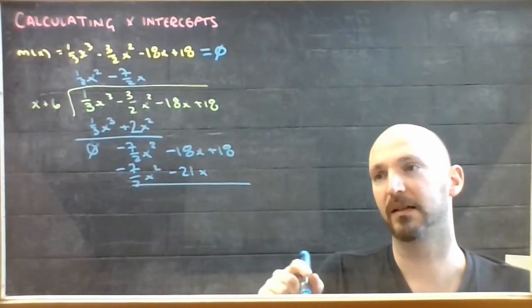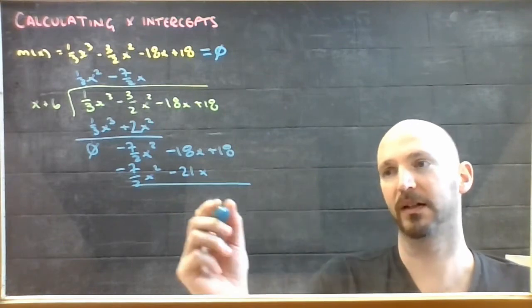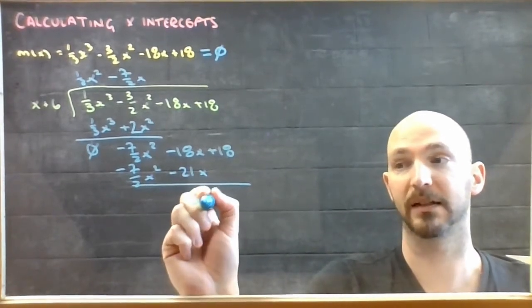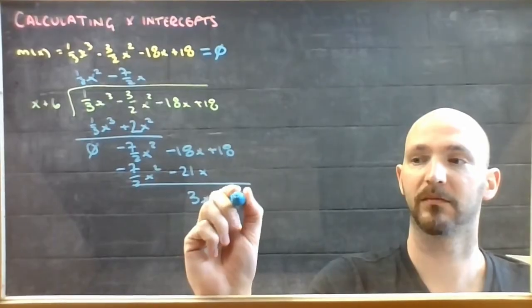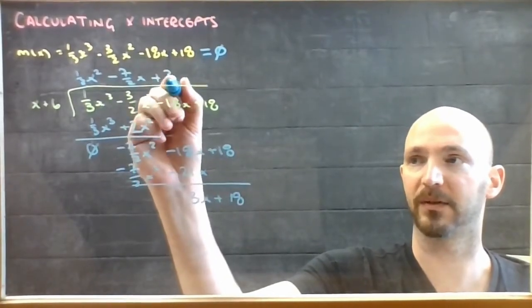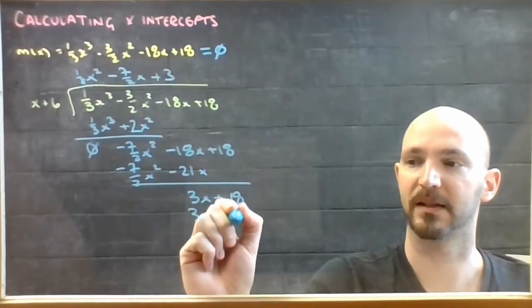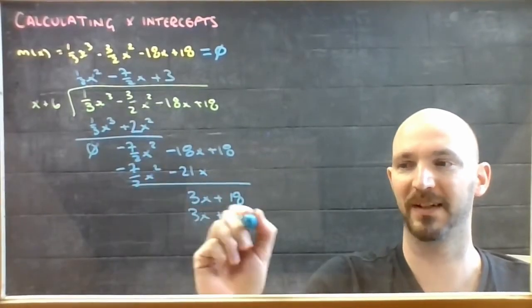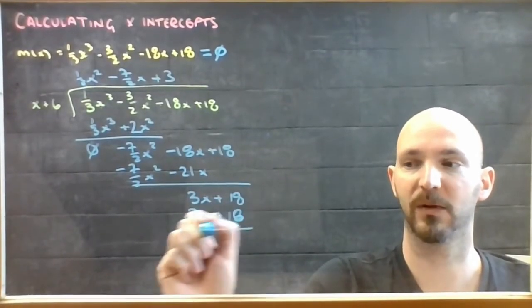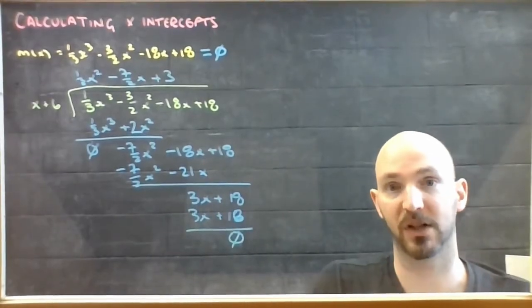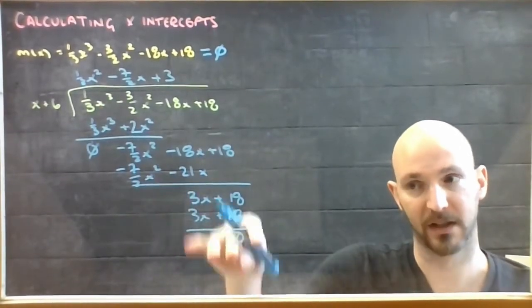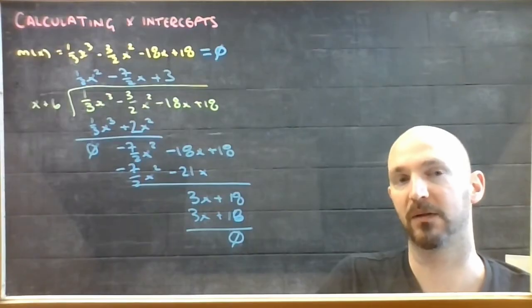Negative 18 subtract negative 21 gives me 3 x's. And then plus 3 goes here. 3 times x would be 3x, and 3 times 6 is 18. Going in evenly, which is good because this thing was a factor, so it must come out evenly.